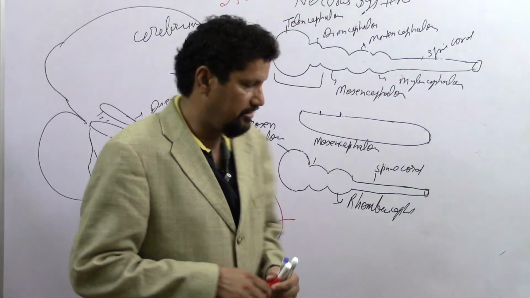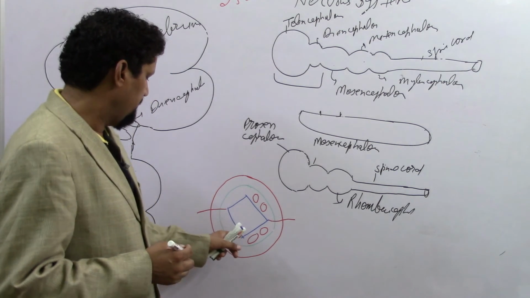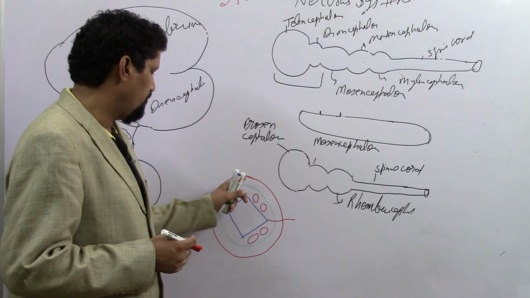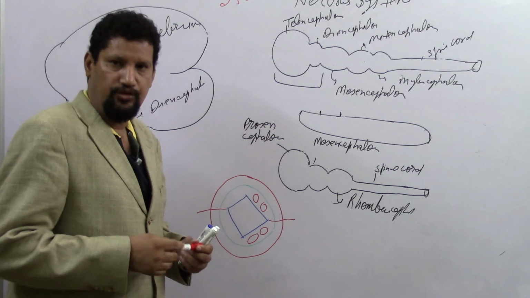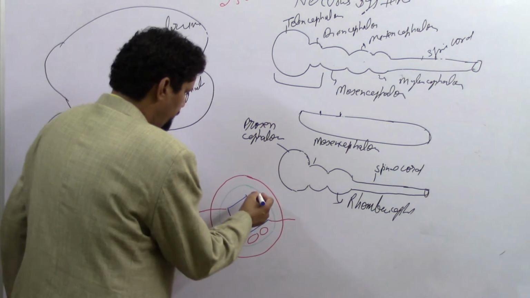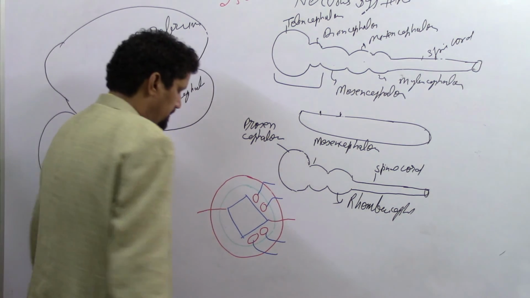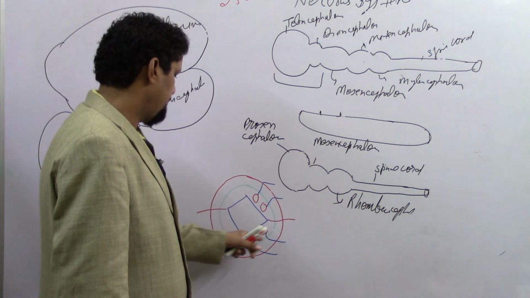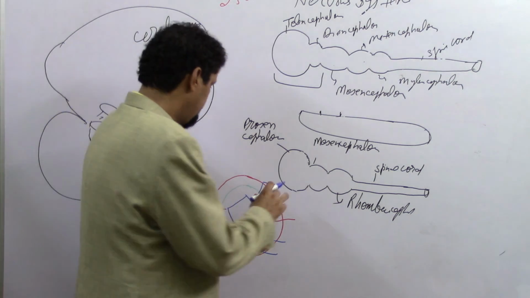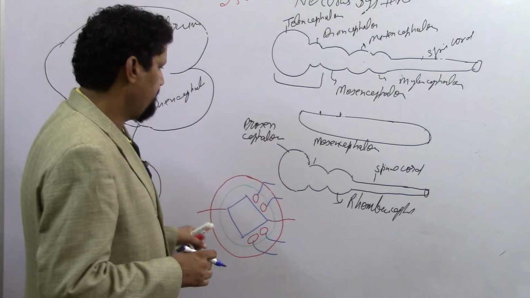So motor neurons will develop in the basal lamina towards the floor plate, and the alar lamina towards the roof plate will form the sensory nuclei. These are all general senses and general motor outflow in the case of the spinal cord, which I will talk about in detail in my lecture on brainstem and spinal cord.